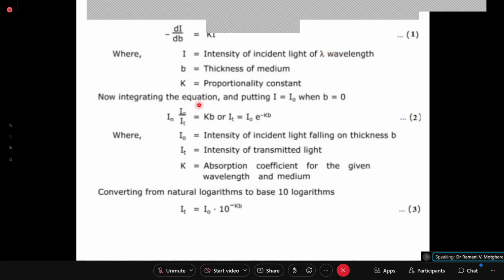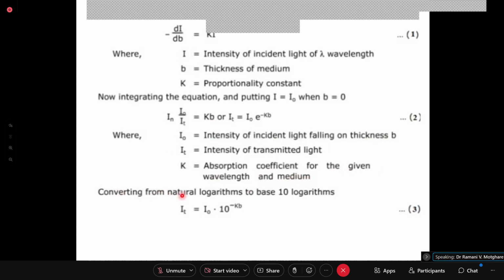Now integrating the equation and putting I equal to I0 when B is equal to 0, ln I0 by IT is equal to KB. I0 is the intensity of incident light falling on the thickness B, IT is the intensity of transmitted light, and K is the absorption coefficient for the given wavelength and medium.